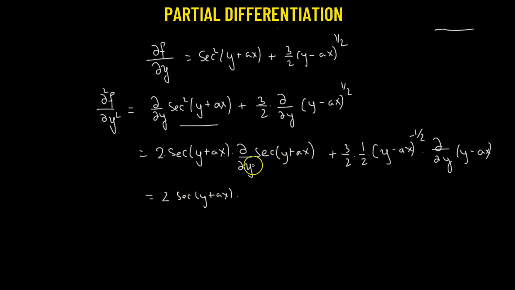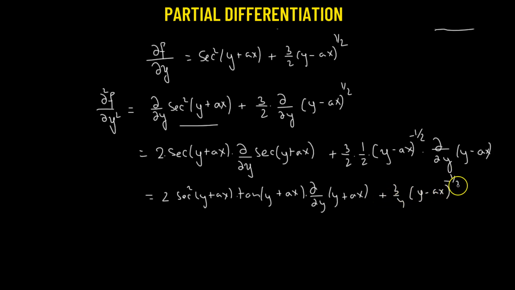That gives us 2 times secant of y plus ax. So here we have to take the derivative of the secant function, which is secant times tan. That means we have secant squared of y plus ax times tangent of y plus ax multiplied to the partial with respect to y of y plus ax, plus 3 over 4 times y minus ax raised to the power of negative half, and the partial derivative of y minus ax will be simply 1.